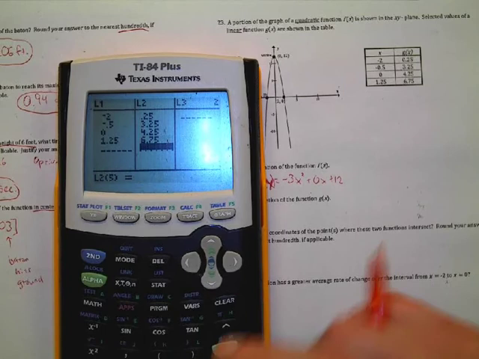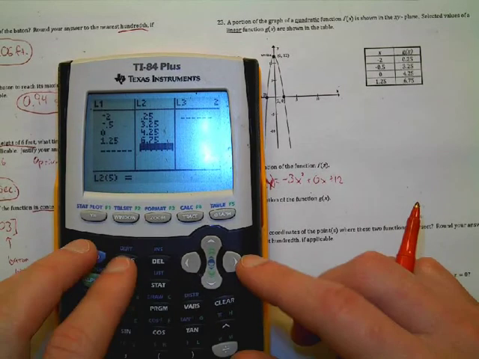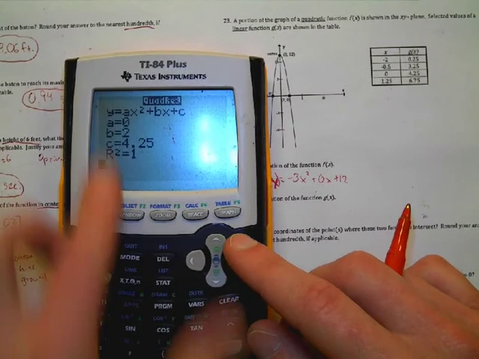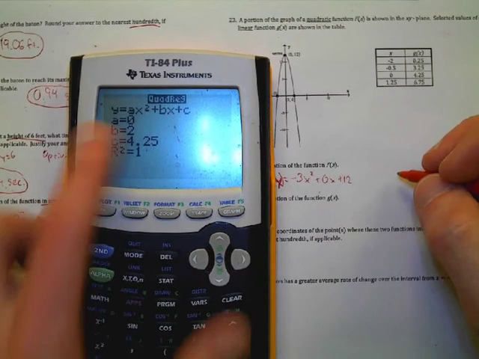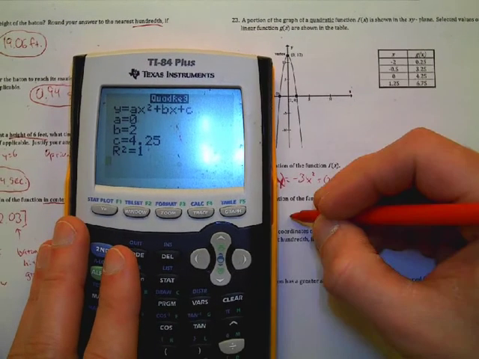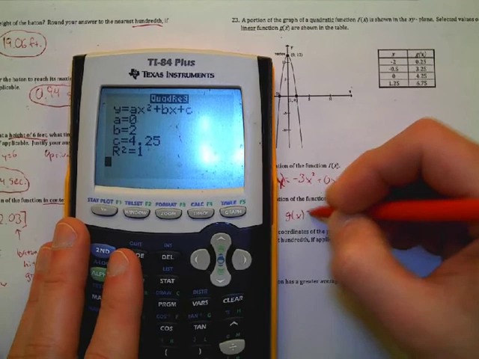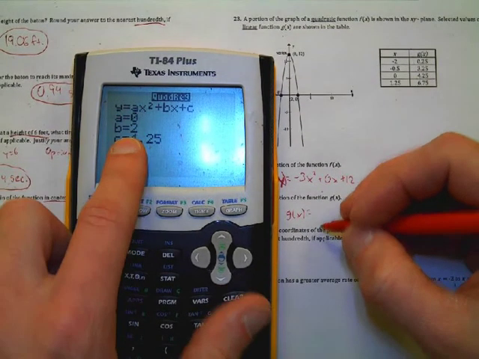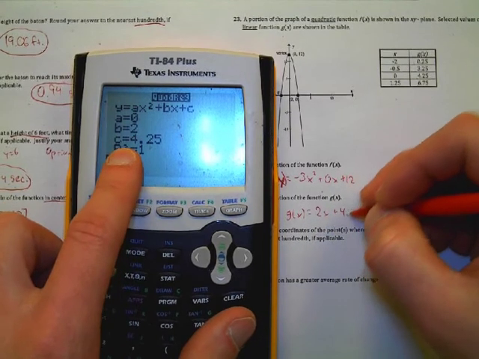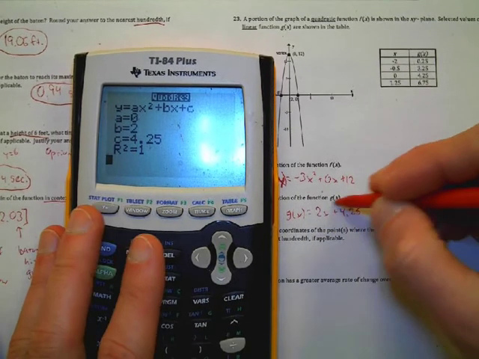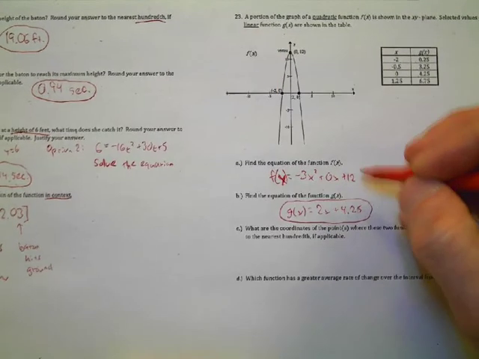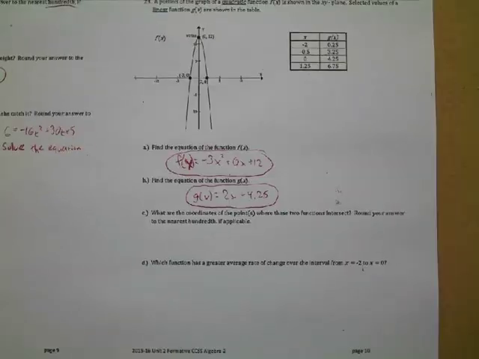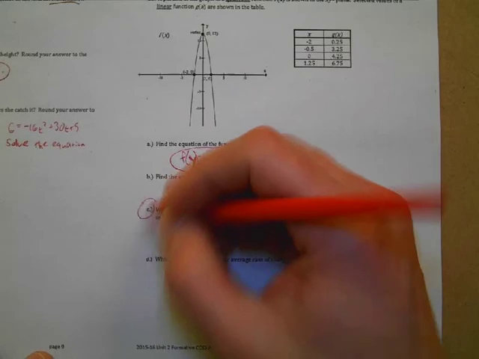Okay, so I typed in my table here, stat, calc, quad reg, enter down to calculate, and there it is again. So in this case, line. So we get g of x is, so it's 0x squared, so it's just going to be 2x plus 4.25. It was supposed to be a line. I should have used linear regression. Oh well. All right. So then I'll leave C and D for you guys to finish for homework, okay?